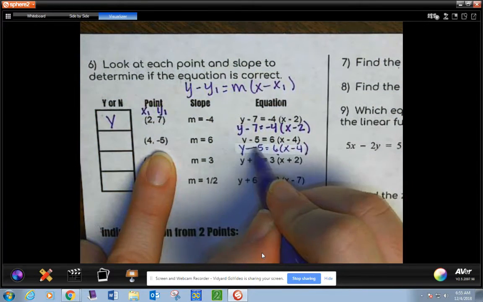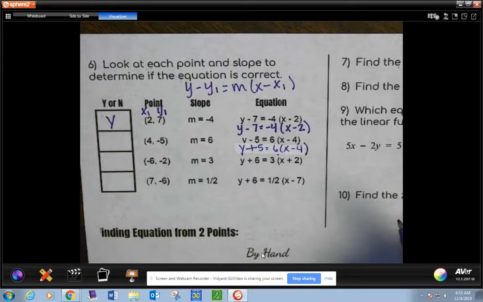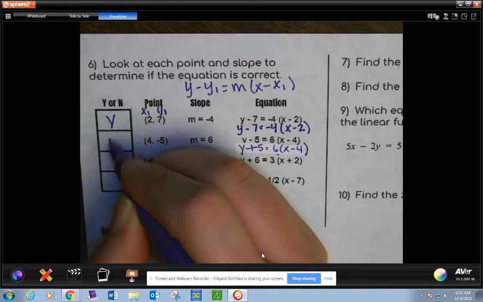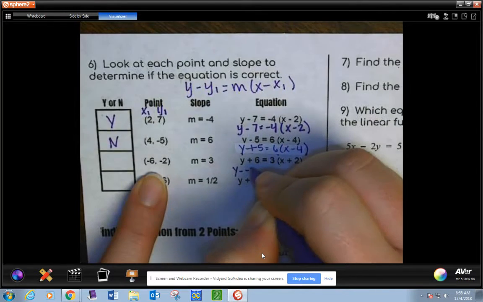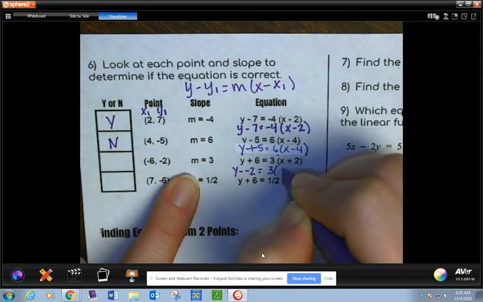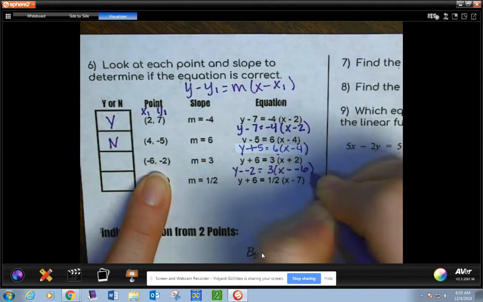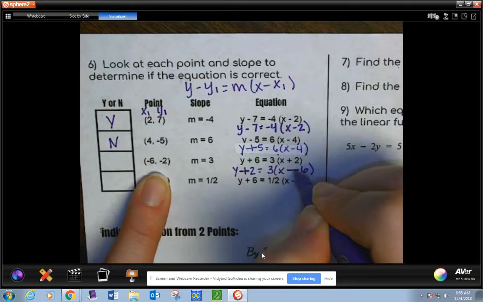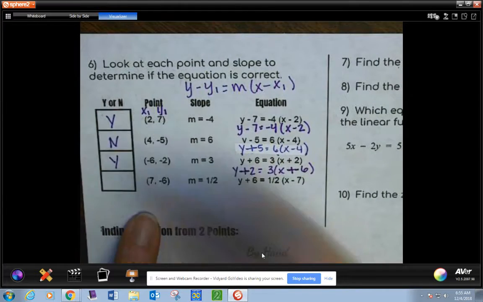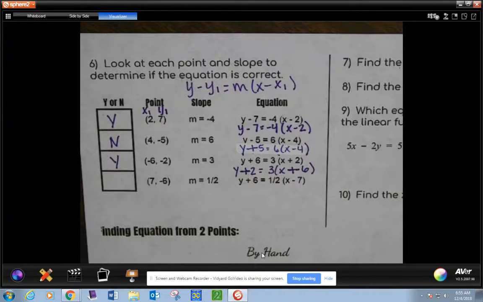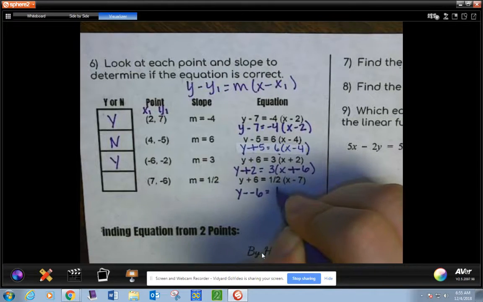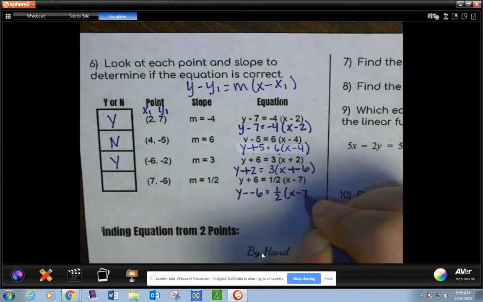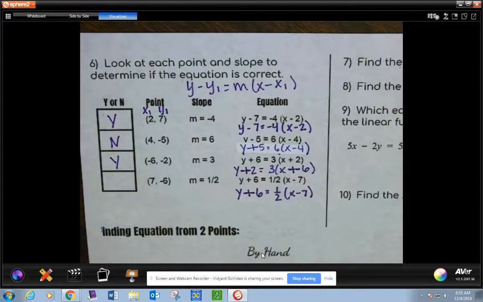Okay, we're going to change our double negative to a positive, and now my equation does not match what they wrote, so this is a no. For the next one, we're going to do y minus negative 2 equals 3 times x minus negative 6. I'm going to fix both my double negatives, and my equation does match, so yes. For the last one, we're going to do y minus negative 6 equals 1/2 times x minus 7. I'm going to change my double negatives, and this equation also matches.